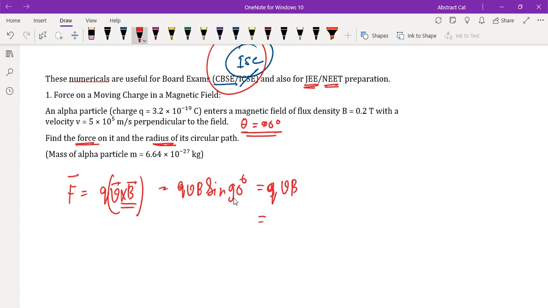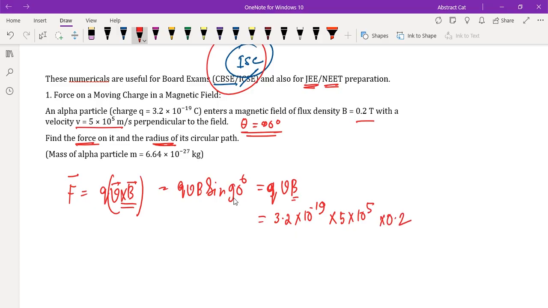The charge Q is 3.2 into 10 to the power minus 19, velocity is 5 into 10 to the power 5, and B is 0.2 Tesla.